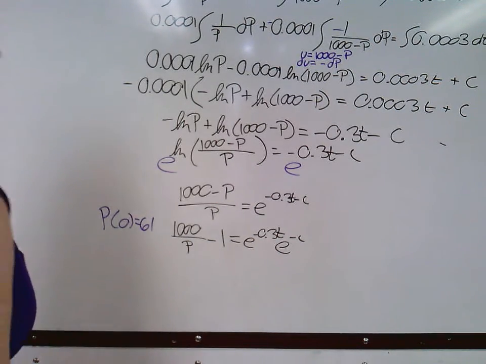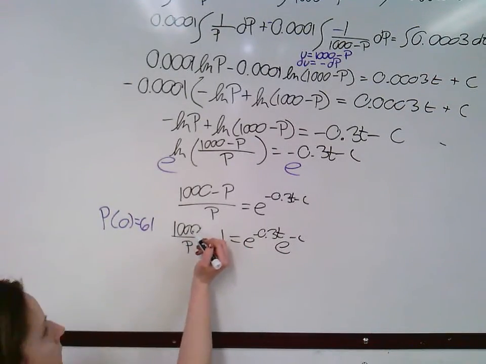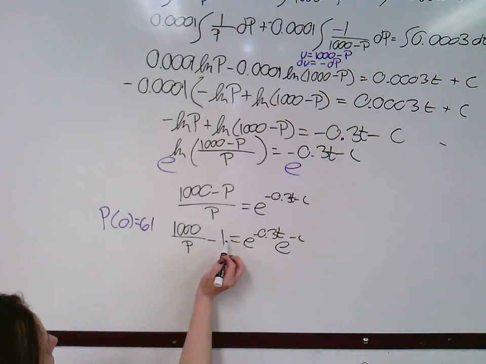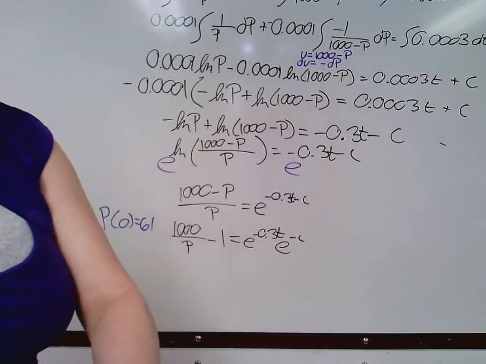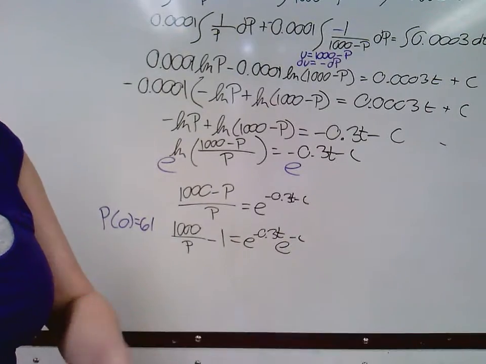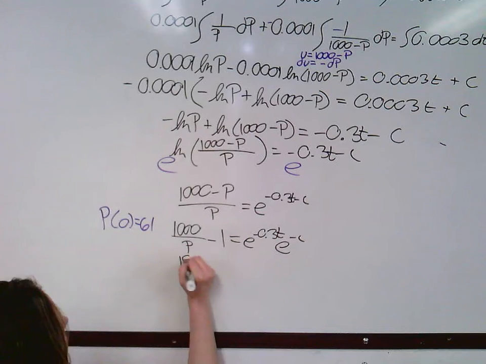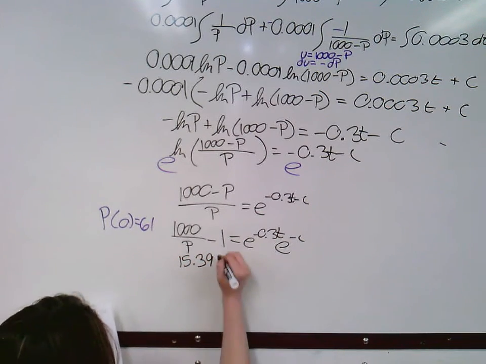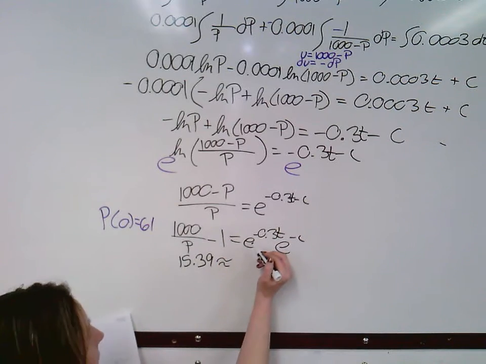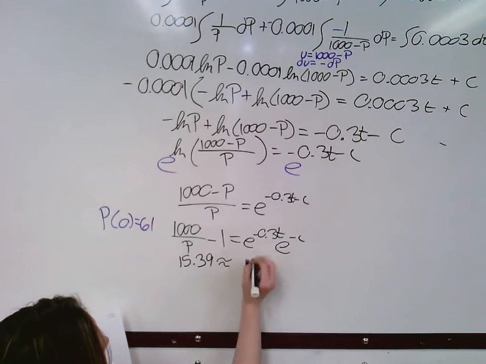So you're going to get 1,000 over 61 minus 1. That's going to be 15.393. I'm just going to do 39 is equivalent to e. So e to the 0, negative 0.3 times 0 is 1. So you get e to the negative c.